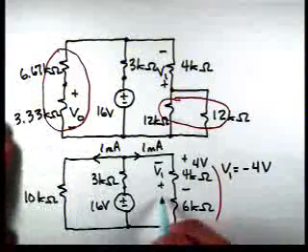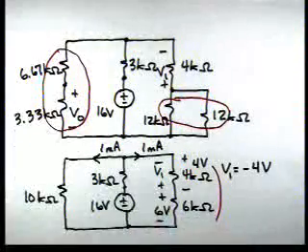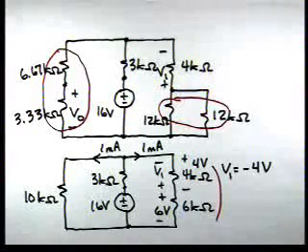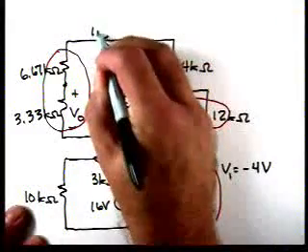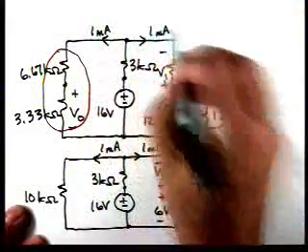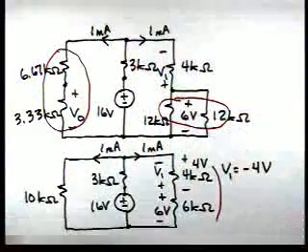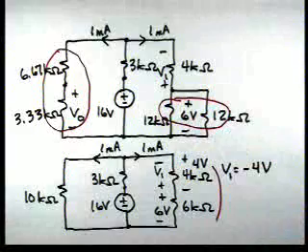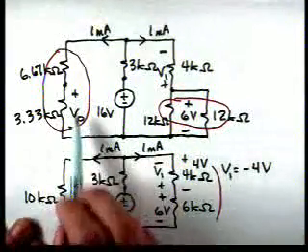The voltage across the 6K resistor is going to be 6 volts. Now if we back up to this circuit, there's 1 milliamp in that direction, 1 milliamp in that direction. Now we know that the voltage here is 6 volts. So now we know the current and voltage.